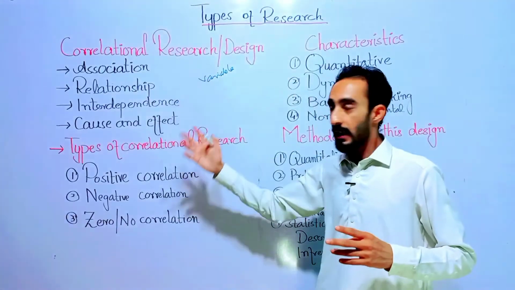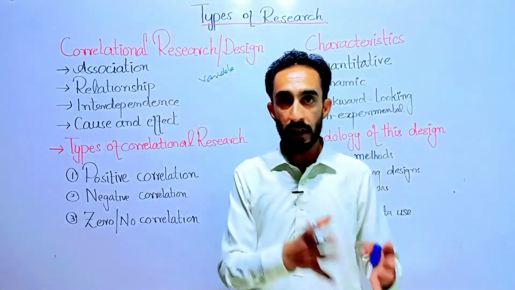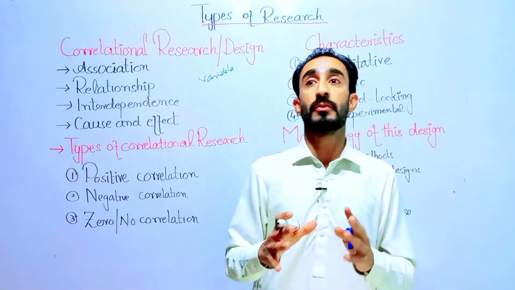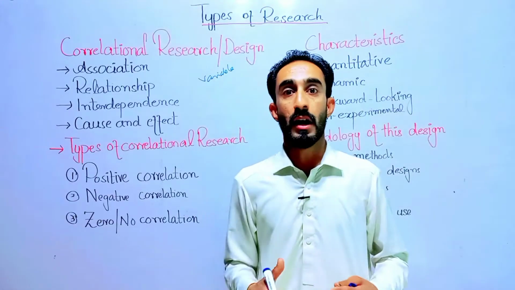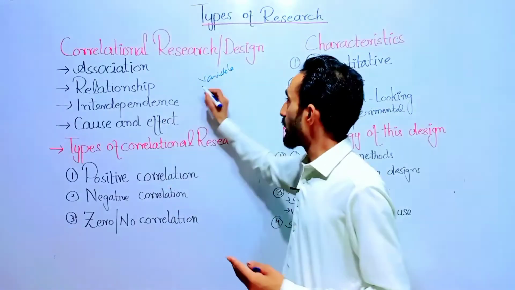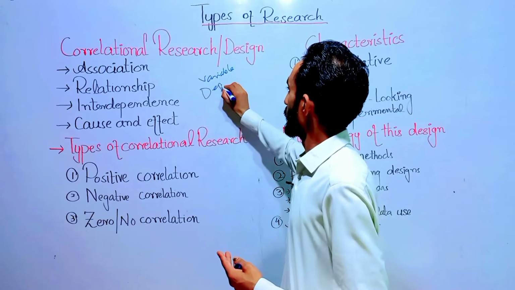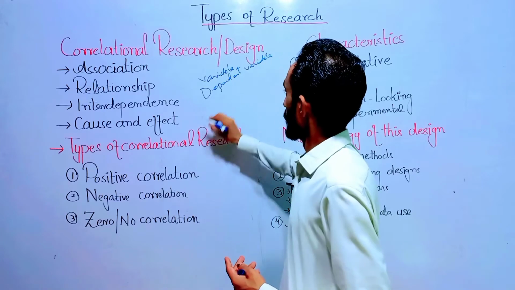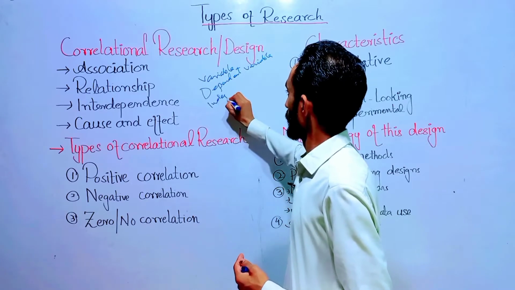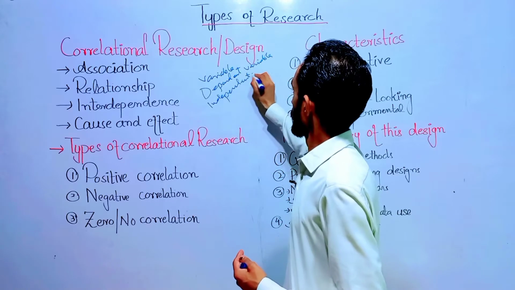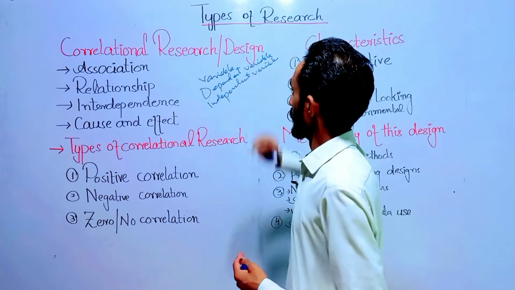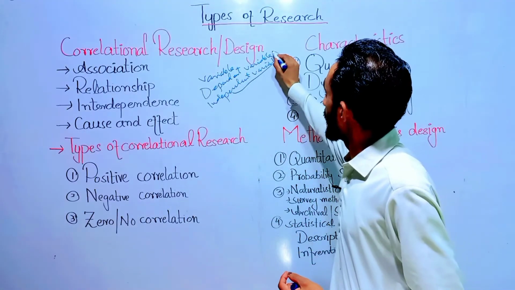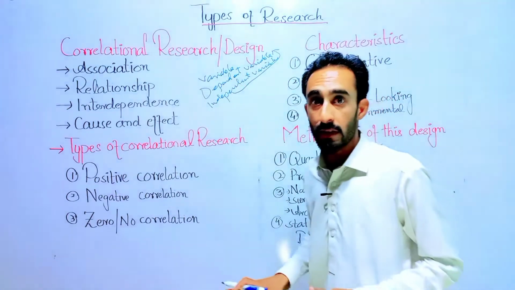There are two types of variable in correlational research: the dependent variable and the independent variable. The independent variable causes the effect in the dependent variable.